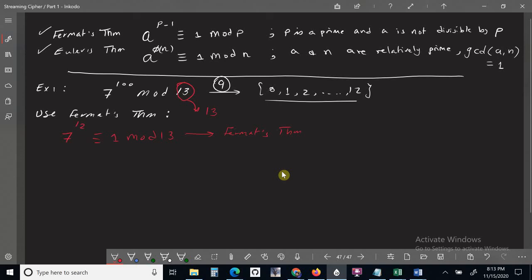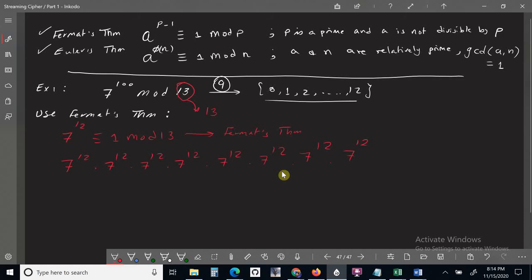Let me just do it this way. For the 100, I want to make it such that it is 7 to the power 12, times 7 to the power 12, times 7 to the power 12, and so on. Let's count: 12, 12, 12, that's 36, then 72, then 84, and another 7 to the power 12.